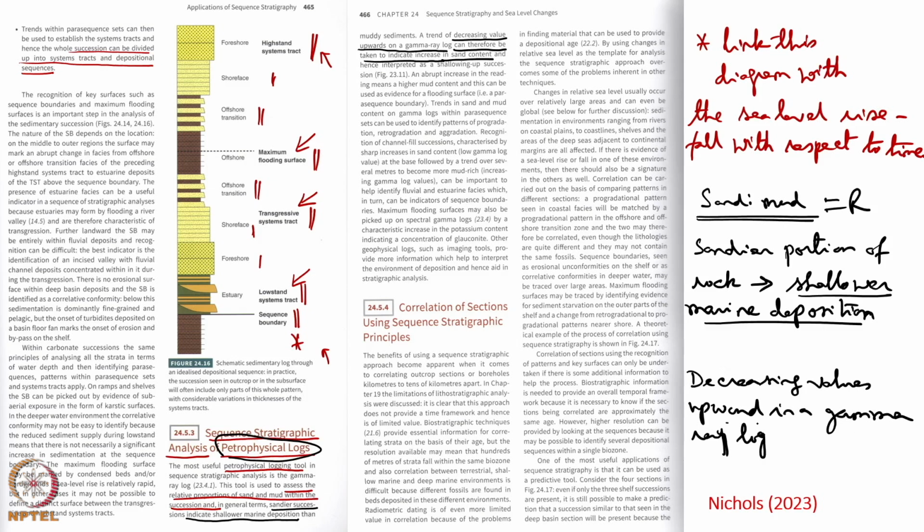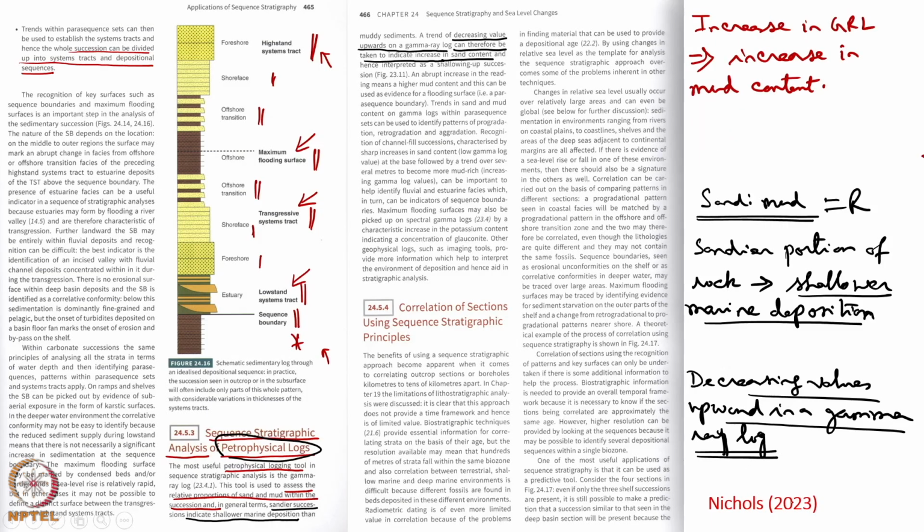And conversely, if the gamma ray log value increases, that means an increase in the mud content. And if such an increase is abrupt, it is evidence of a flooding surface.